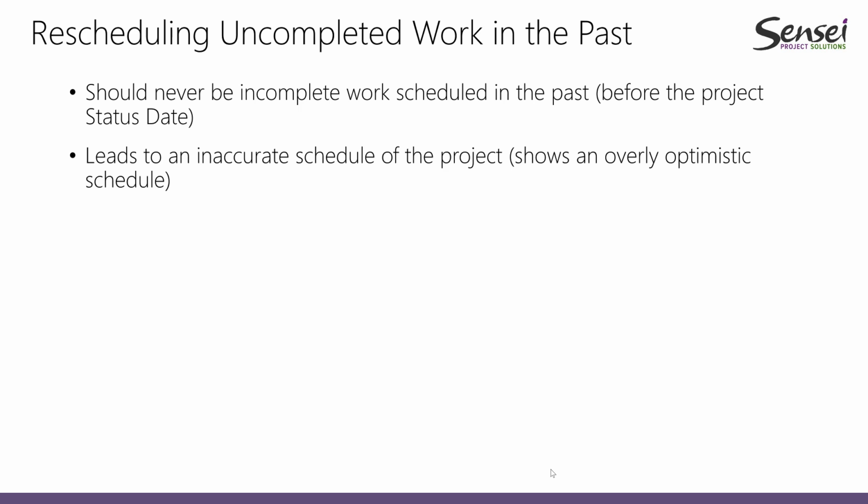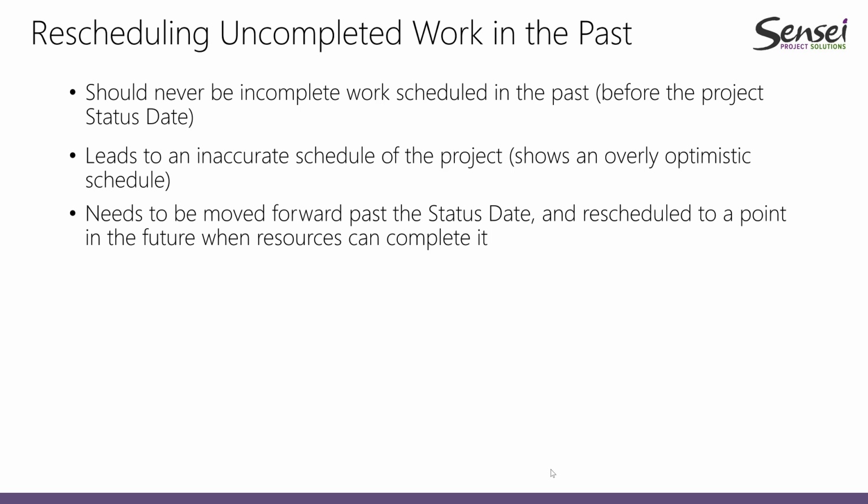And we all know that tasks in the past are never going to happen, because nothing happens in the past. So when we do have tasks in the past, we need to move them forward after the status date.